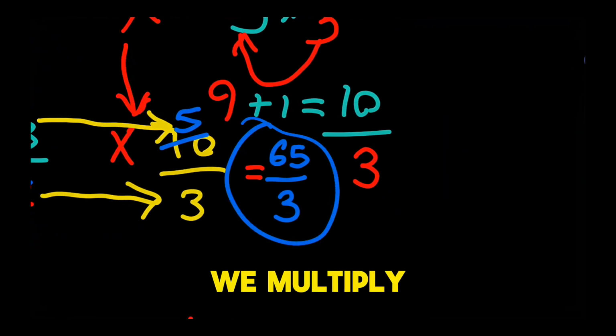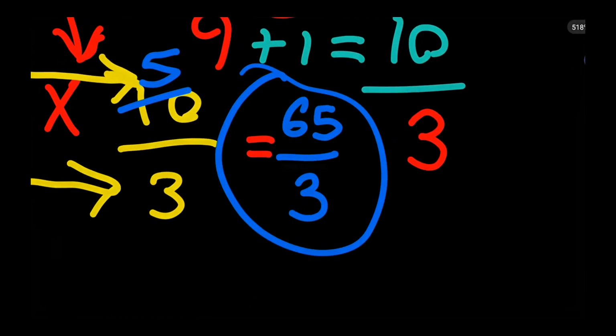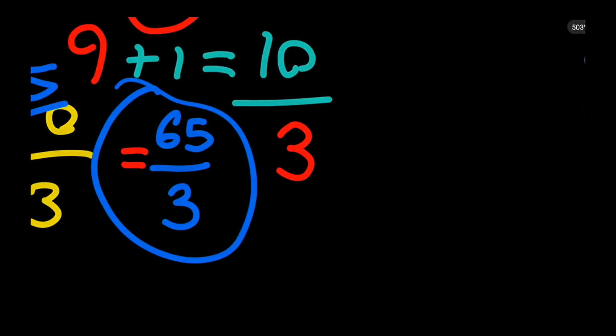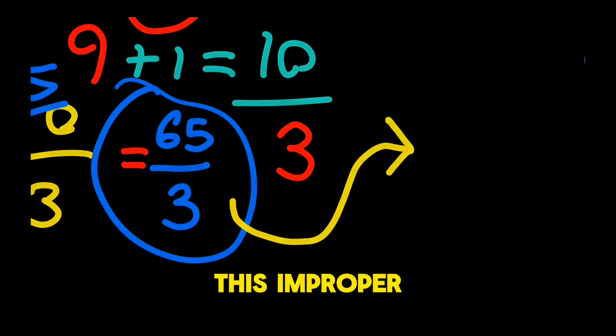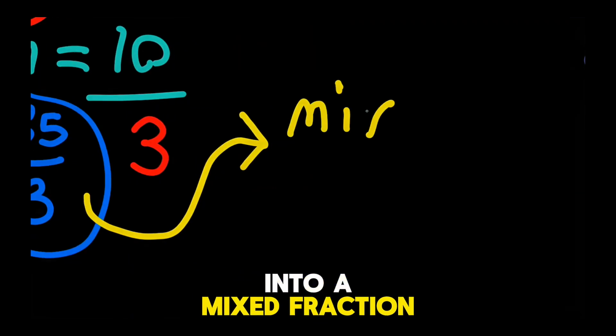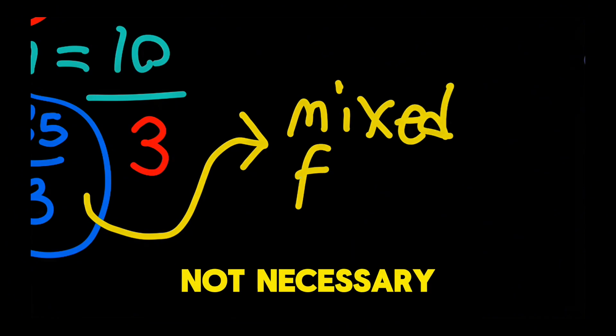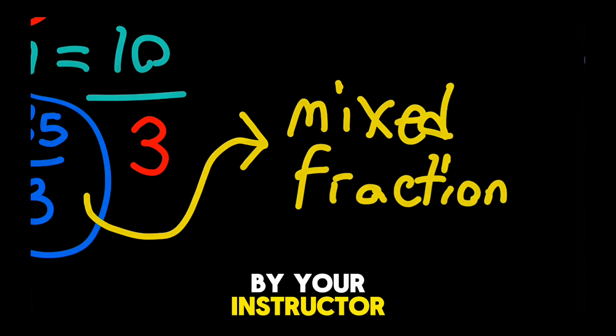And this is how we multiply mixed fractions. Now, we can convert this improper fraction back into a mixed fraction, but that step is not necessary unless mandated by your instructor.